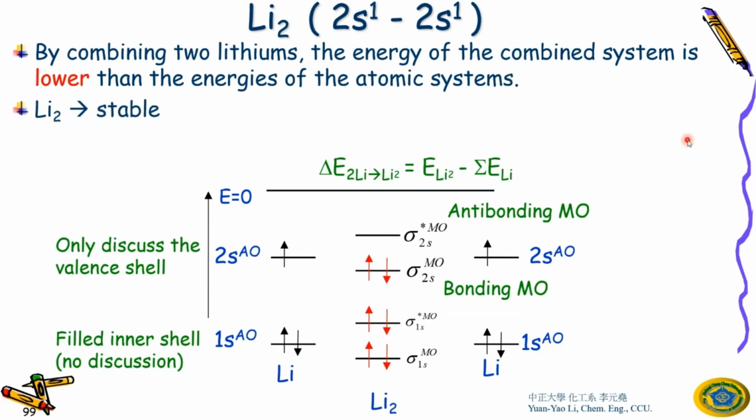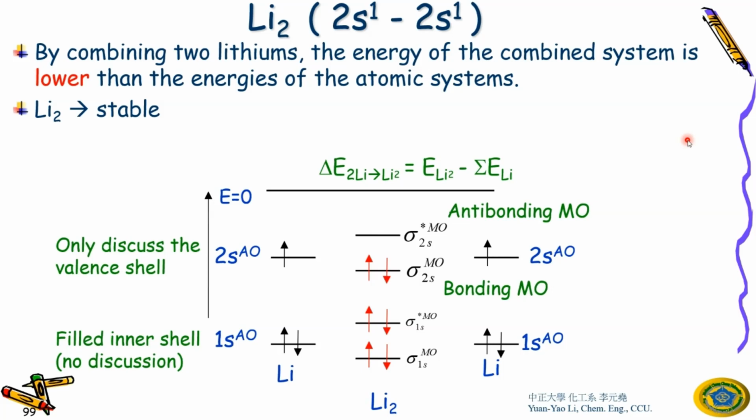So the lithium molecule is stable compared to lithium atoms. You might wonder, Professor, why do I never see a lithium molecule? I only see lithium as a solid, right? You have 1 Avogadro of lithium, a cube, and it's a solid.